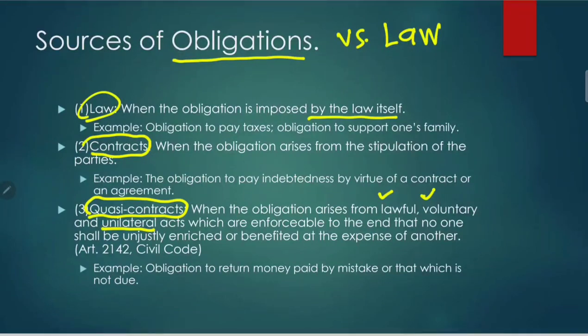So, as previously discussed, pagdating sa sinasabi nating quasi, yung term na quasi, pwede natin siyang, in layman's term, pwede natin sabihin semi, parang, ganon. So that we can better understand kung anong ibig sabihin ng quasi-contracts.